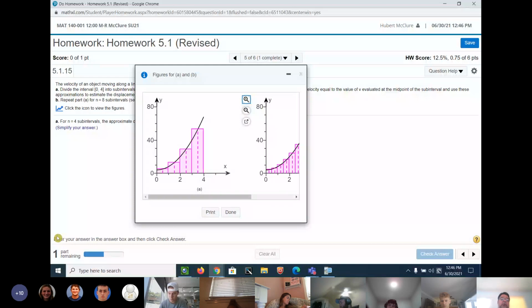So that's it. Let's see, 10, 20, 30, 40. So that's a y-intercept of 5. And it's going up like a parabola, like that.